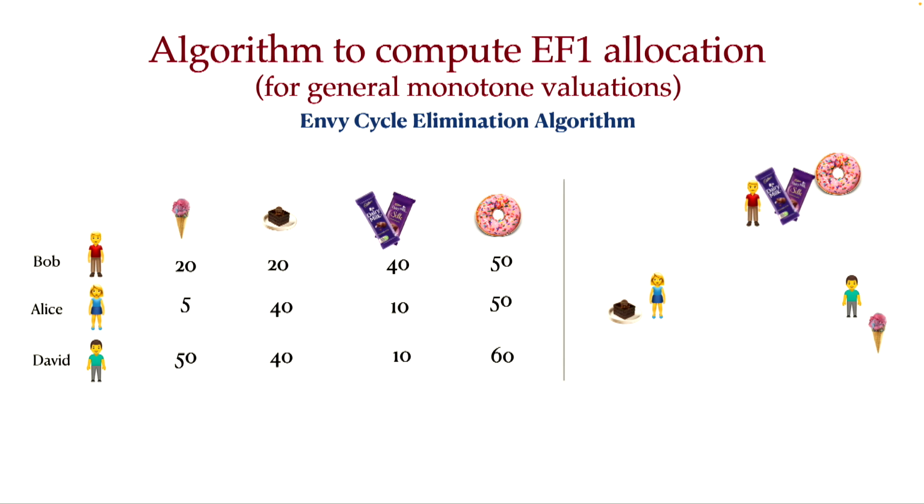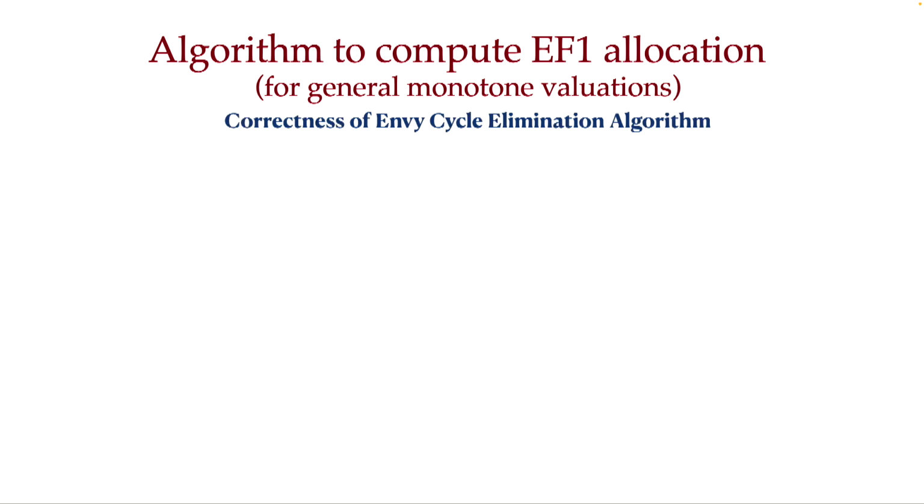When I eliminate this cycle, why do I eventually get a source vertex again? That needs a proof, because that is a termination criterion of my algorithm. But in one round, you might be eliminating several cycles. I don't care, because all I care is there should be one source vertex for me whom I can allocate to.